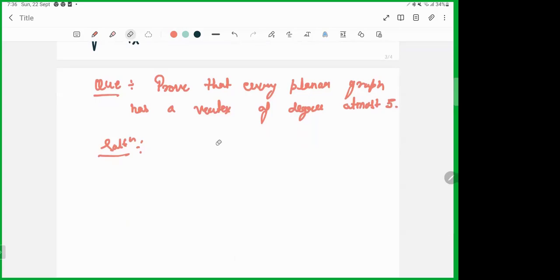Think about this. Now you have this bound for edges, which you have proven in class for planar graphs: the number of edges should be at most 3n minus 6.